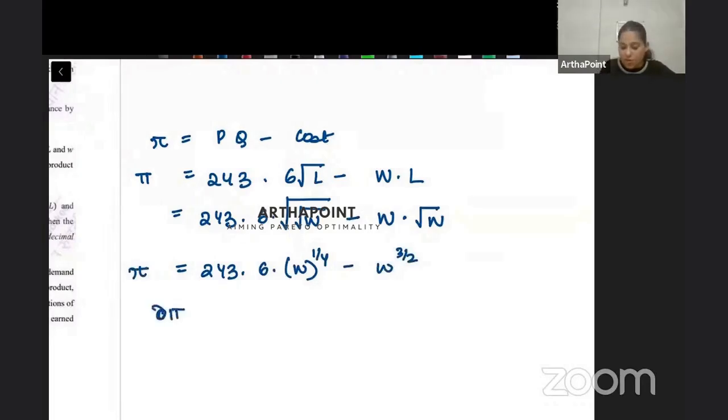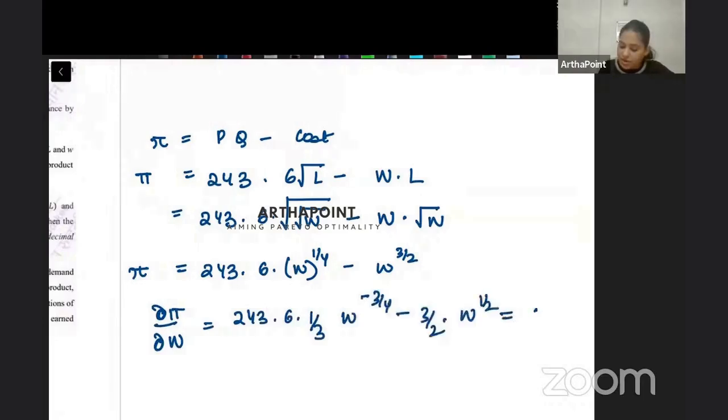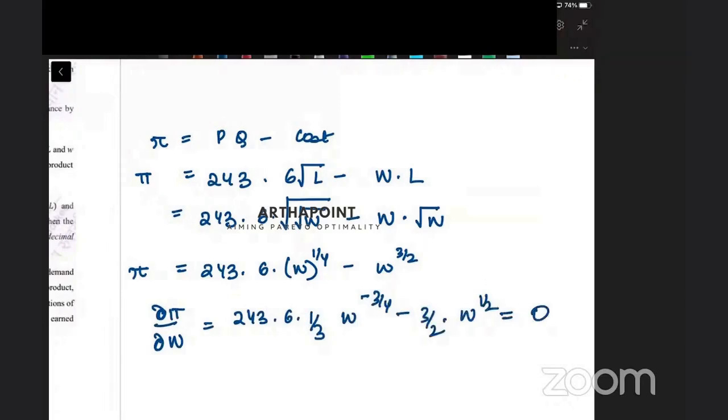Now just say how pi changes as W changes. Just differentiate this. So this will be 243 into 1 by 4 now, so into 3 by 2, W to the power minus 3 by 4, minus 3 by 2, W to the power 1 by 2 equal to 0.